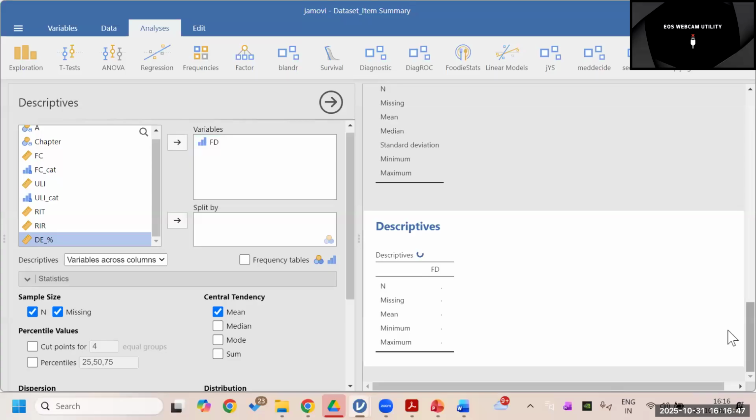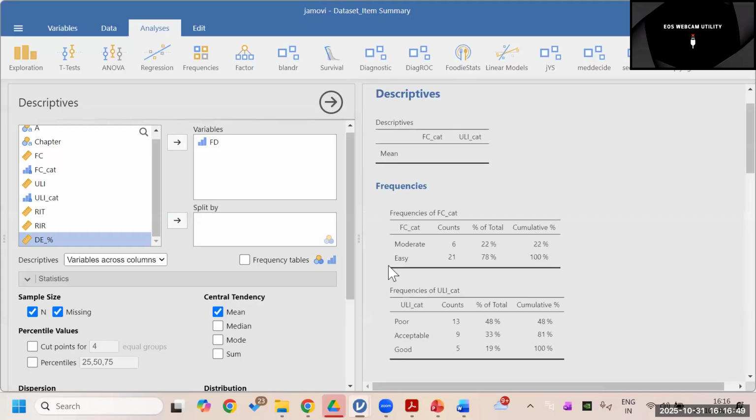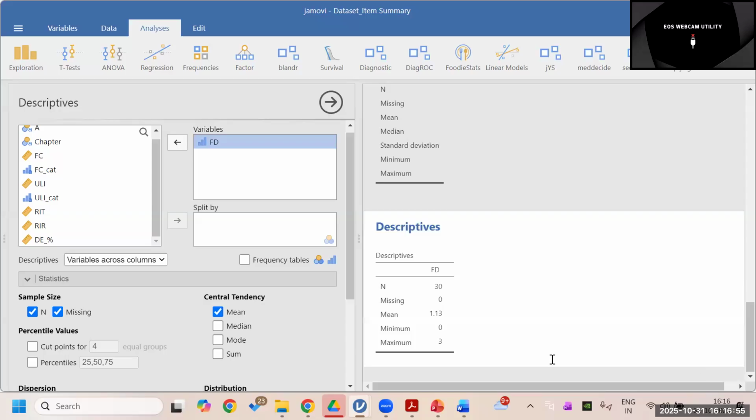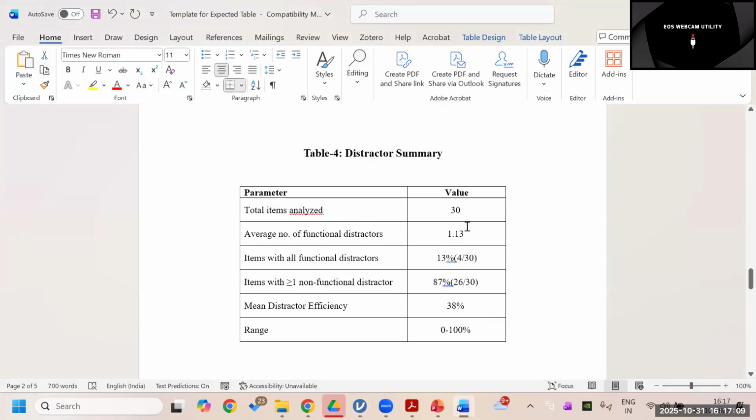Then you can see the mean distractor is 1.13, minimum functional was 0 and maximum functional was 3. So I have written 1.13 here. Total items was 30.